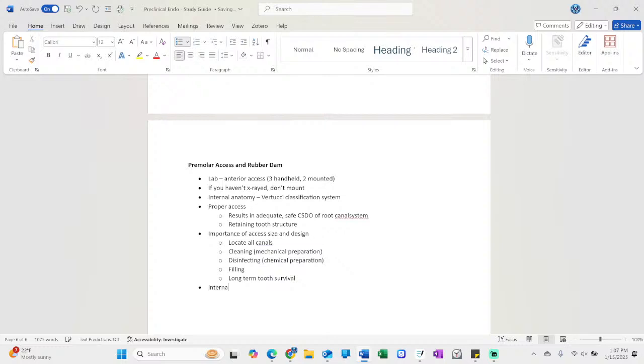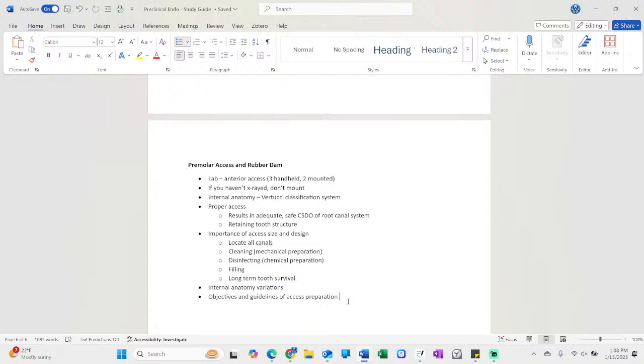You all have seen this picture here, looking at our access preparation. We definitely want to remove all the caries when they're present, and any defective restorations. Removing the defective restoration and the caries is going to show you how much tooth structure is left, of course, to determine: is this tooth restorable? How am I going to have to restore the tooth if it is restorable?